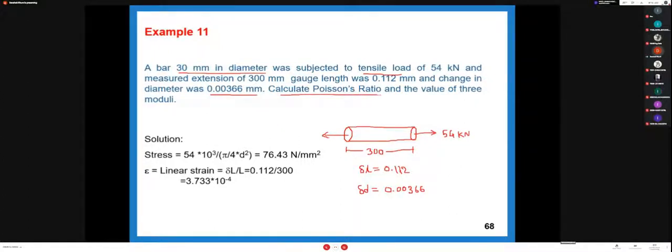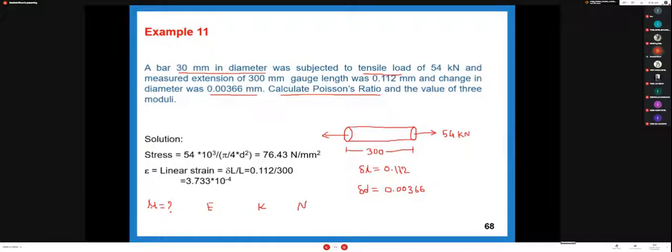So you have to calculate the Poisson ratio, meaning the mu value, and also the values of the three moduli, meaning three constants: Young modulus, bulk modulus, and shear modulus. So it's known as the moduli. Now here we have to calculate the E value, K value, and N value, and mu also.